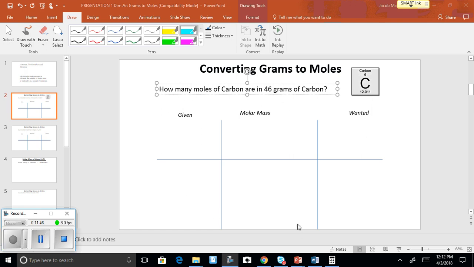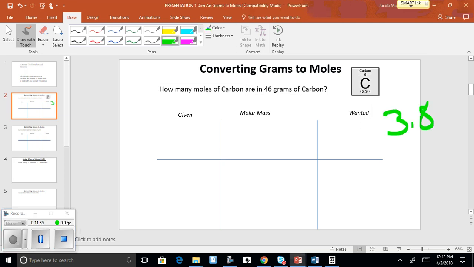What I am going to do right now is write the answer that you're supposed to get. So work out the problem, and your final answer should be 3.8 moles of carbon. So go ahead and work this problem out and see if you get that answer, okay? Think about it, work through it, and if you get this answer, then you're fine. That's as hard as these kind of problems are going to get, the element problems.